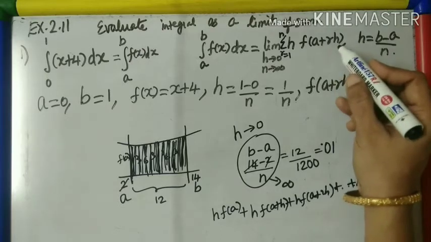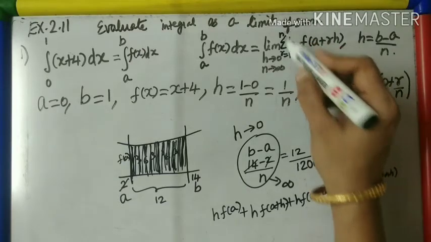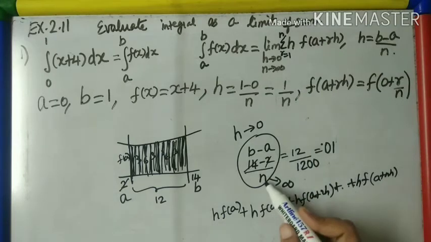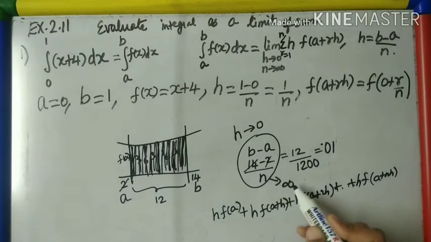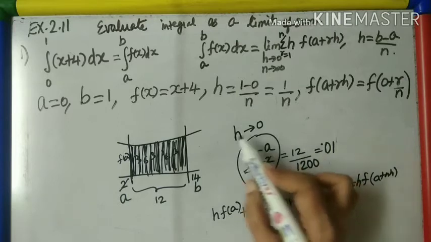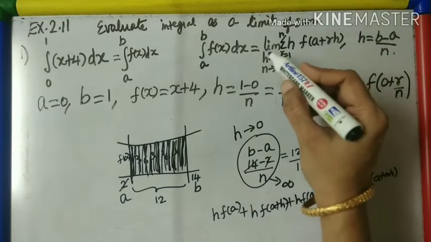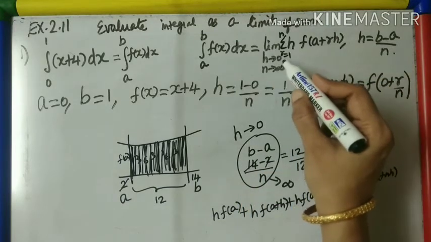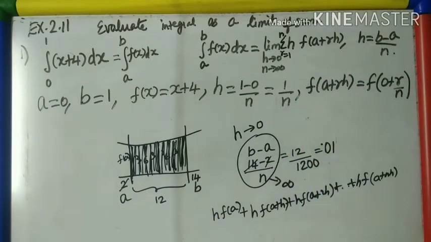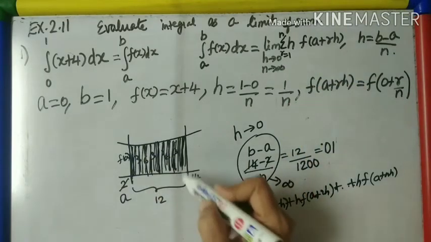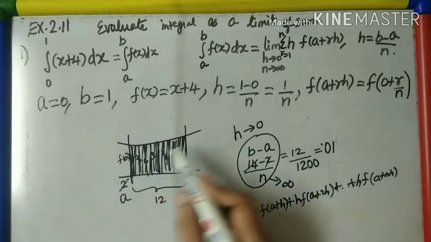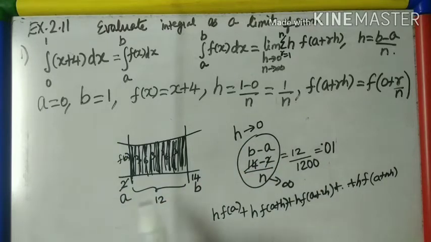So it is rh, this r ranging from 1 to n. And already I said the denominator becomes infinity, the whole answer becomes 0. So we write limit h tends to 0, n tends to infinity. So I get the entire integral. The whole integral from a to b is nothing but limit of sum.